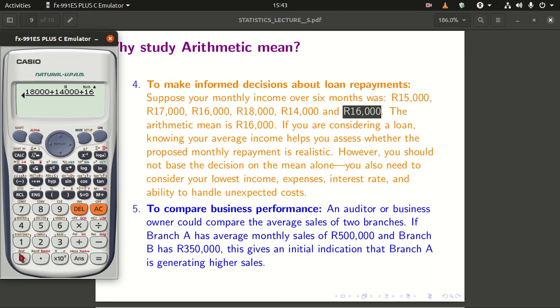And then how many of these things? I have 1, 2, 3, 4, 5, 6. So I have 6 of these things. Now the average is 16,000.